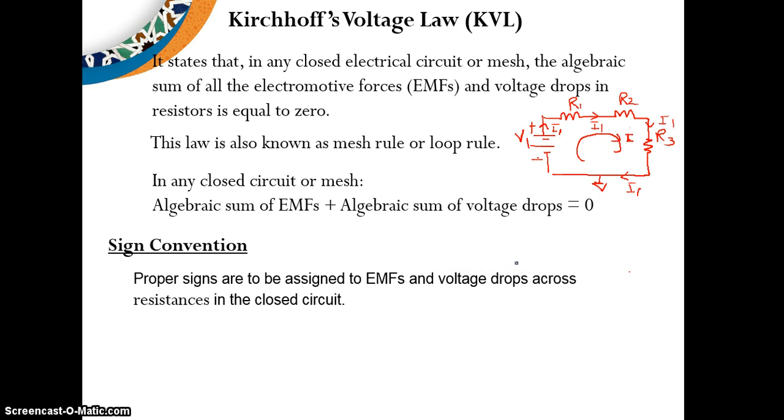How to assign the minus and plus symbols for a resistor, based on what? For an EMF, I already told there is no issue, minus plus same. For a resistor, current is in which direction? Look here, through the resistor I1 is entering here, I1 is leaving from here. So current entering is plus, current leaving is minus.